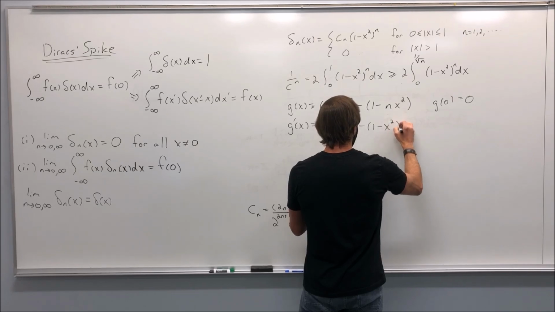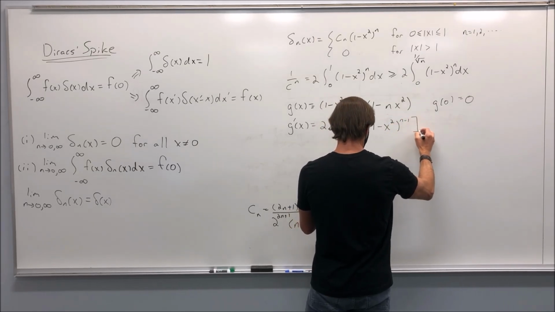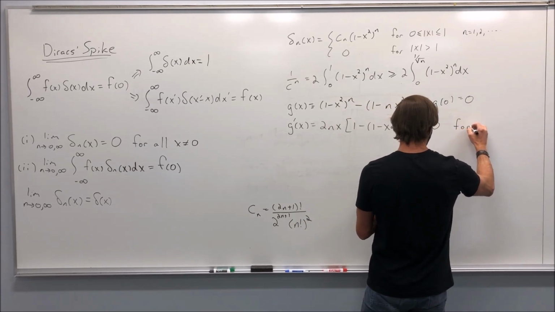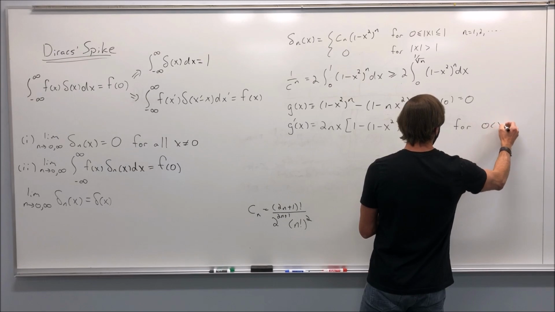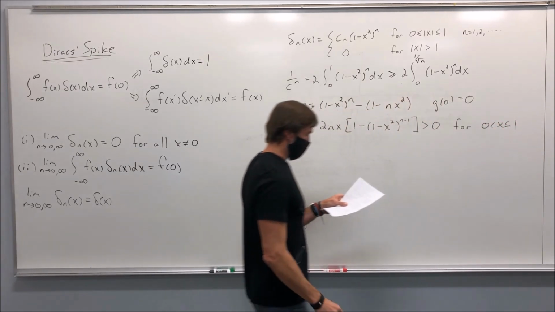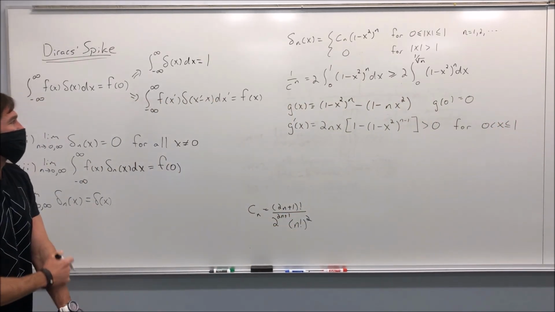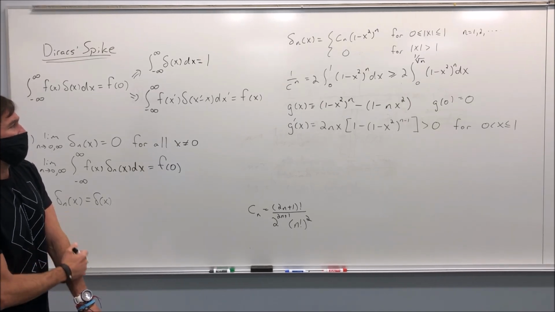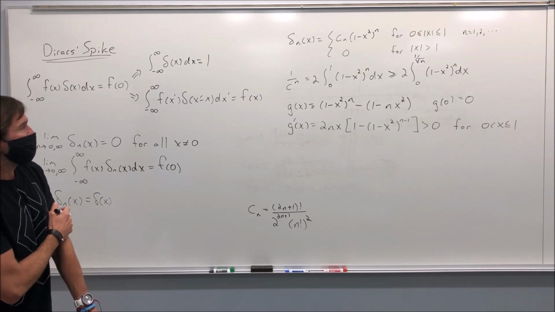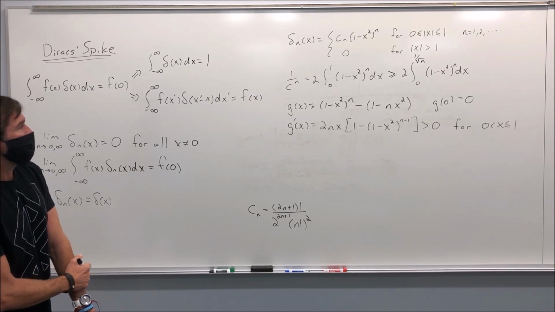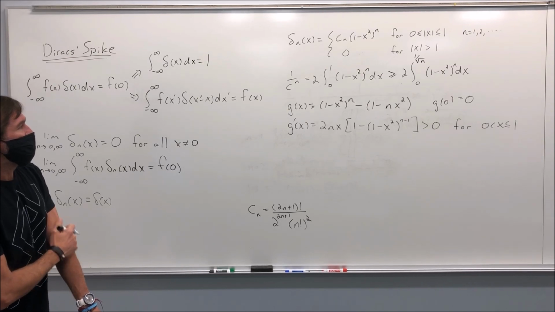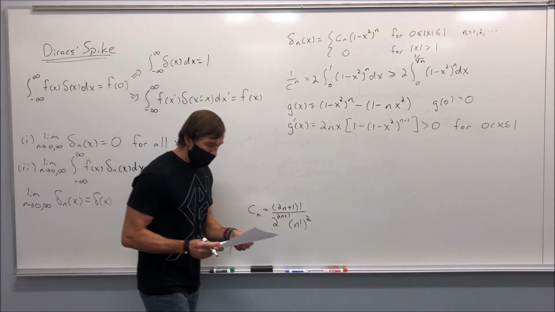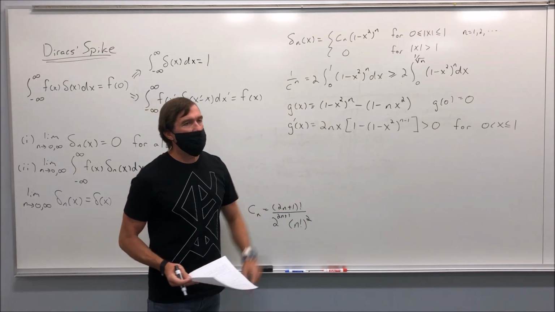I don't actually know if this is my job. I think it is. Okay? So the derivative is positive over the interval from 0 to 1. You start out at 0. So what can you tell me about g of x over the interval from 0 to 1?